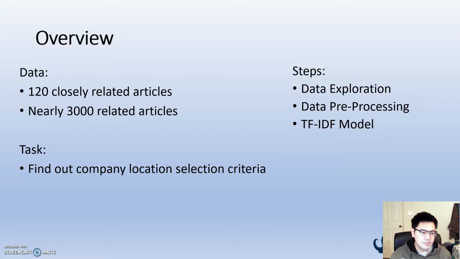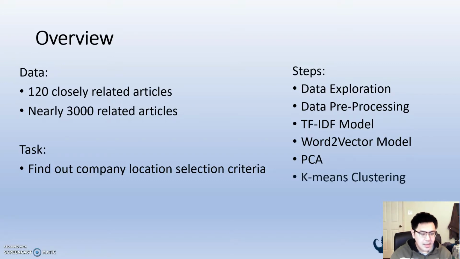And then we do word to vector. Basically, we convert words to vectors for the following steps. So based on those vectors, we do a principal component analysis. And then, based on the principal component analysis, we do k-means clustering. So in each cluster, we could have a group of words, and we expect that the words in each cluster show the same theme, and that theme could be one criterion for this company location selection.